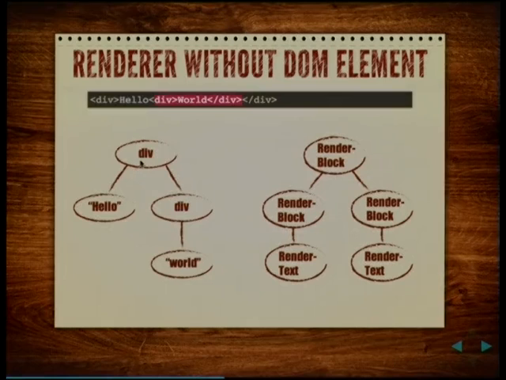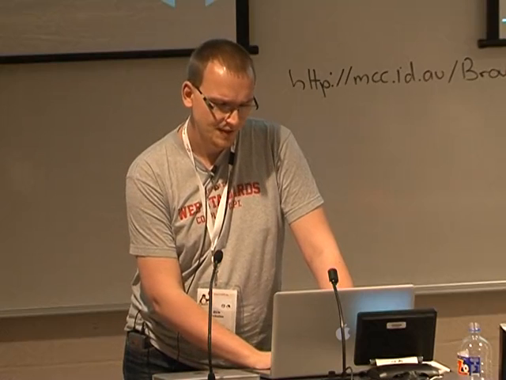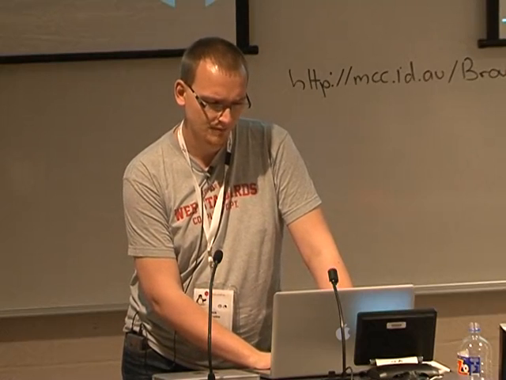For the div box, we create a render object, a RenderBlock exactly. That's one render object. It's inheriting from RenderObject, and this also creates a child render element called RenderText in this case. But you see here that we also create a RenderBlock even if there is no div box on the other side.